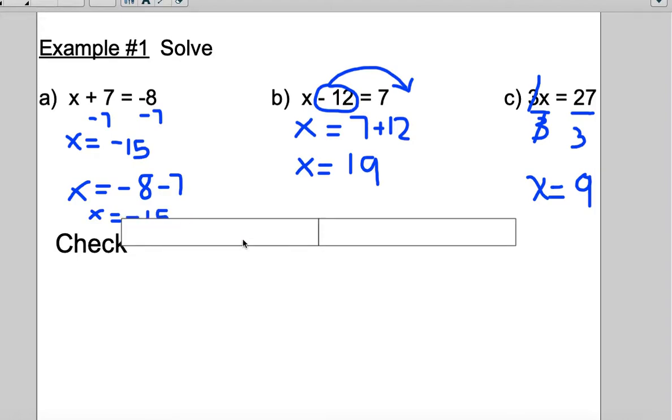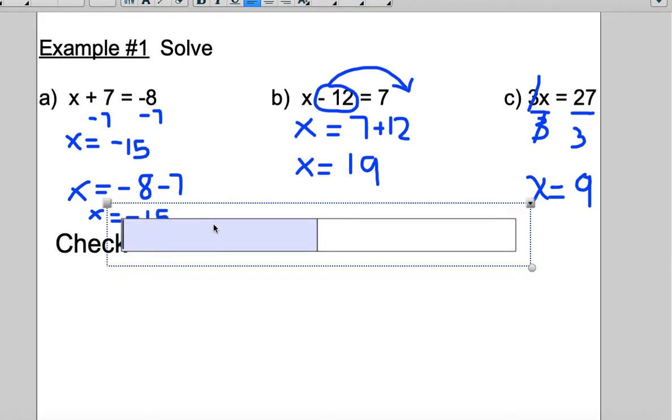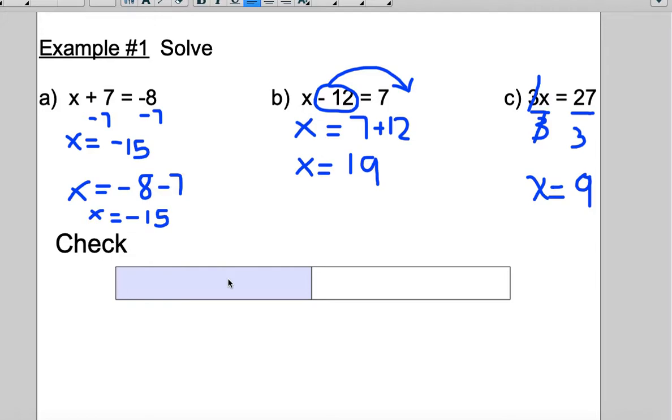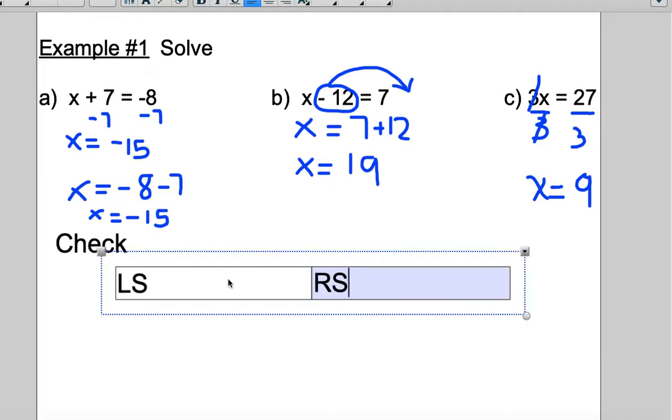Okay, we're going to just do the check here. So for a check, it's left side, right side. We're just going to write left side here, and then we're going to write right side here.